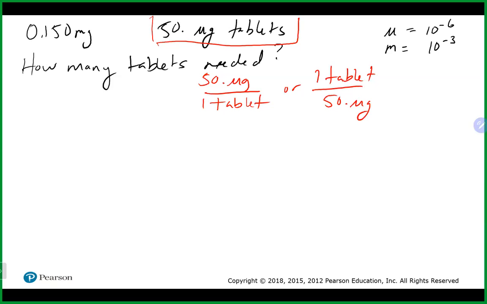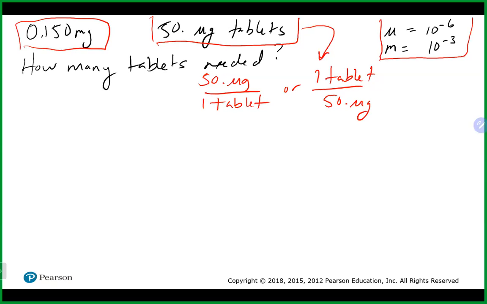So we could use it either way, coming from the problem. This is how much we want to give, which is in milligrams. Our problem is that our units are not the same: one's milligrams, one's micrograms, so you do need to do a conversion. Remember that you can go to a table and find these conversions.